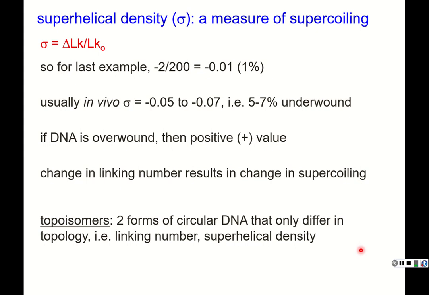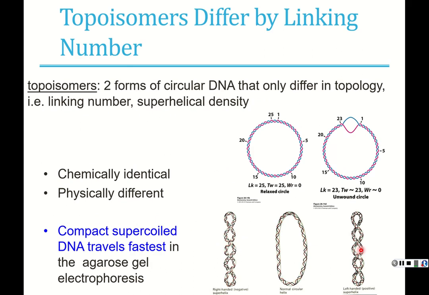Okay, so that term topoisomer means that we have DNA that's the same sequence, it just has different linking numbers in it, i.e. they're different superhelical densities. Right, and topoisomers differ by linking number. They can differ by a linking number of 1 or 10, whatever. They just have different linking numbers.